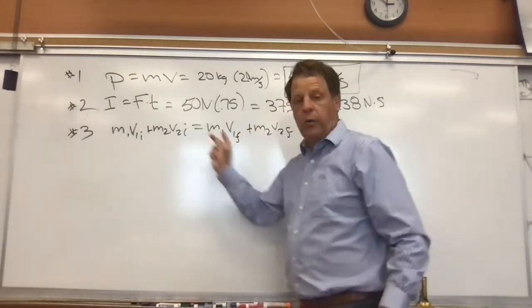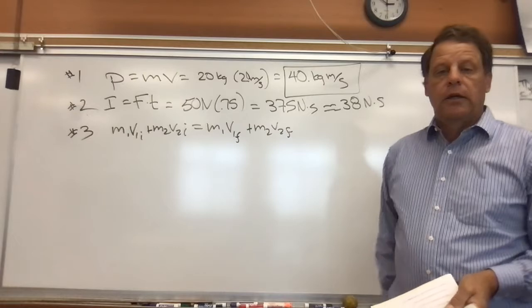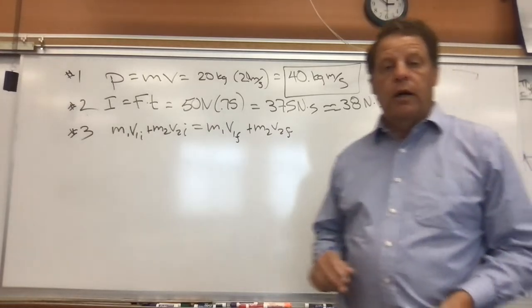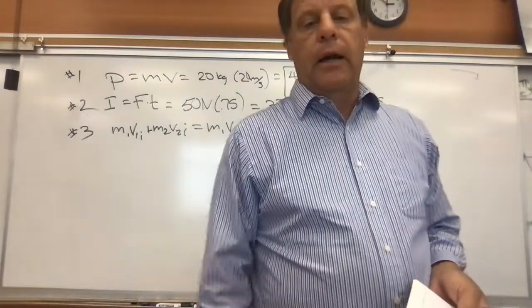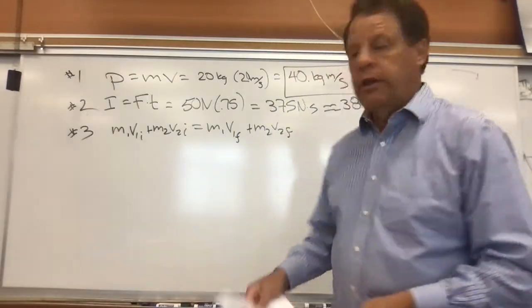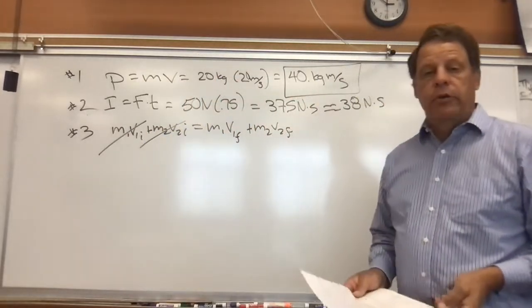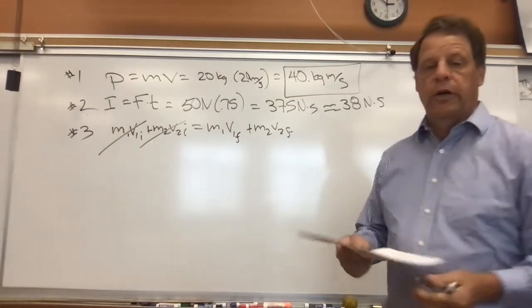For two objects, this is always our conservation of linear momentum. And if they start out facing each other and not moving, the initial side is going to be 0.